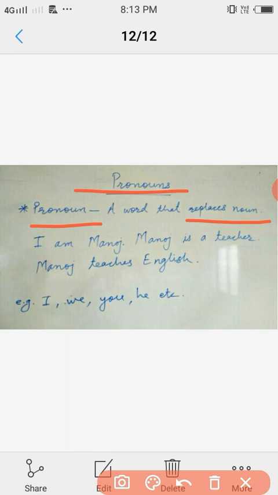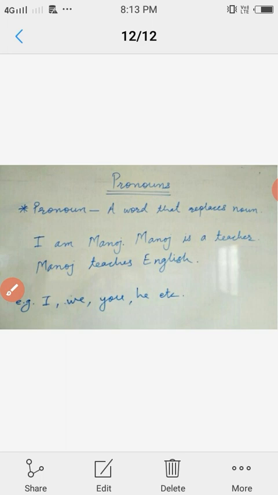How does it work? Let us see some of the sentences given below. If I have to give information about me, how can I give? I have given some of the sentences over here. Let us see. I am Manoj. Manoj is a teacher.